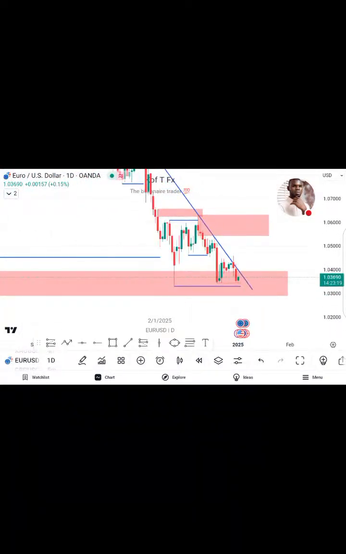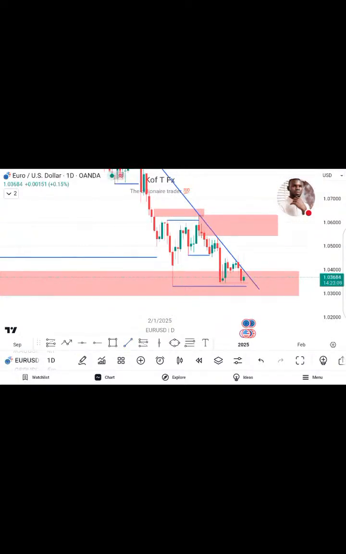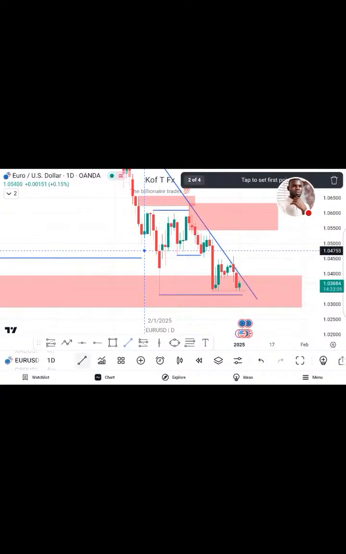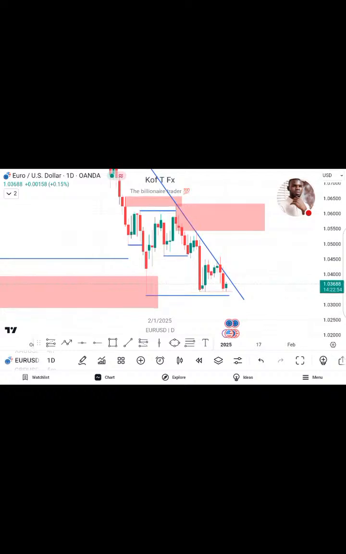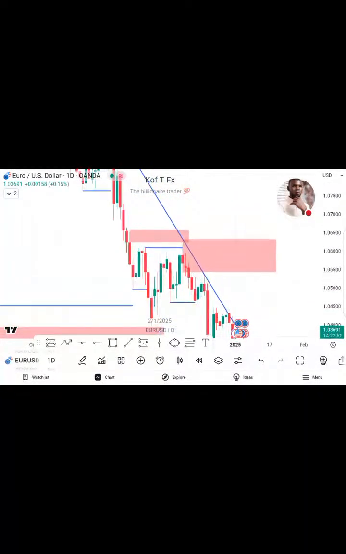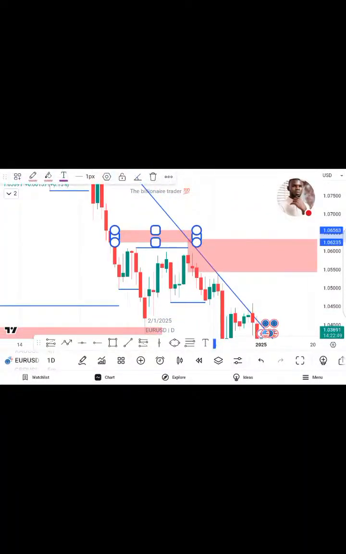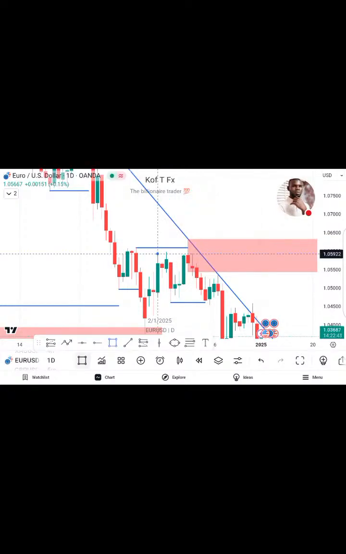you will see that price, that was the last break of structure we have, and there is this mitigation.